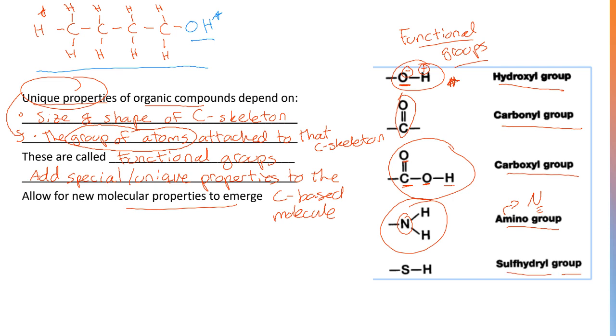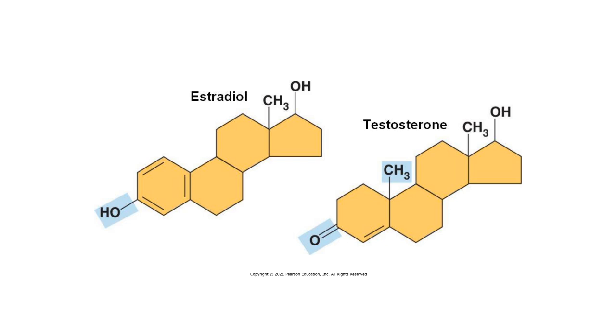And just to wrap up this small theme of functional groups, here are two hormones. All right, we have estradiol for females, testosterone for males. And what I want you to see is, are these hormones very different? The answer is not really, right?